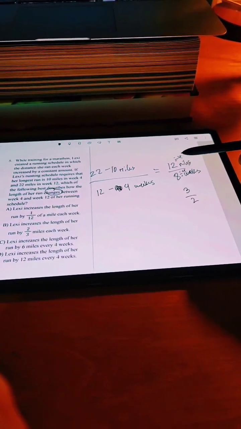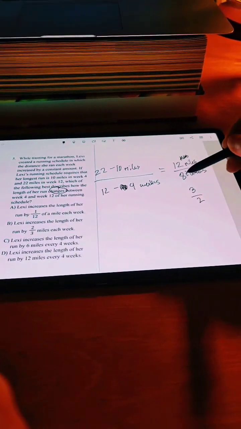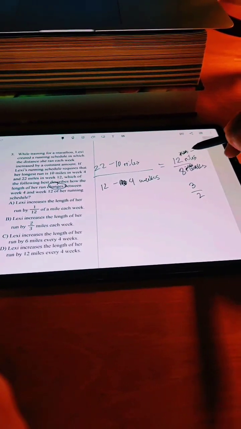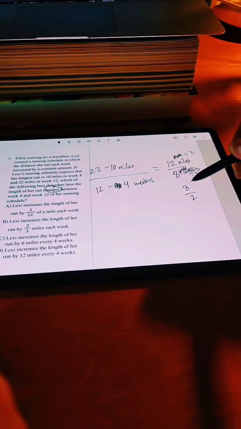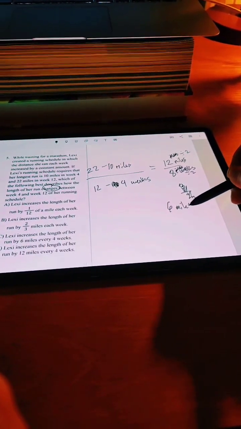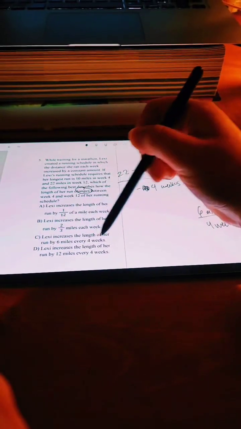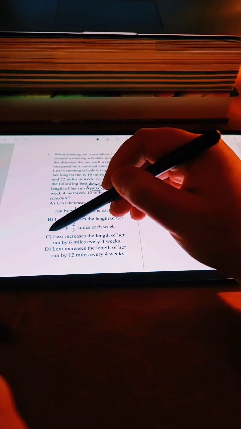So maybe it's not fully simplified. Instead of dividing by 4, let's try dividing by 2 on top and bottom. I get 6 miles every 4 weeks, which is consistent with answer choice C.